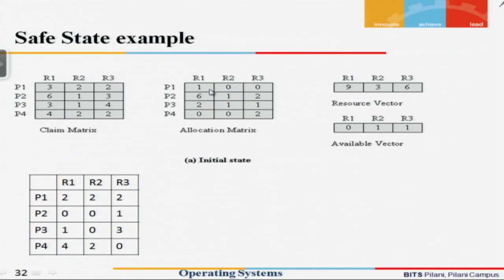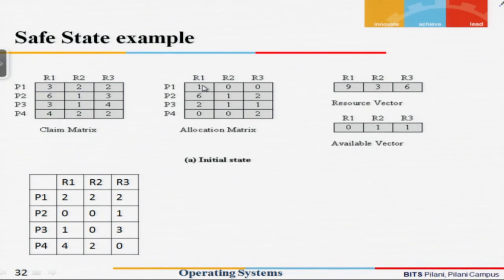So this is the allocation matrix, and at this point of time the available vector is 0 1 1, meaning we have no resources of type R1 available in the system, all are allocated. If we sum the allocation and the available, that gives the complete number of resources.